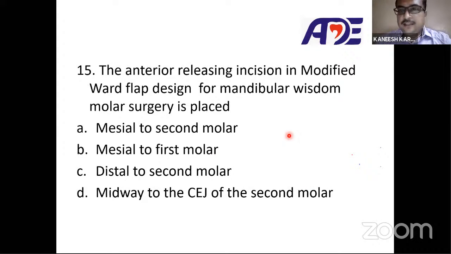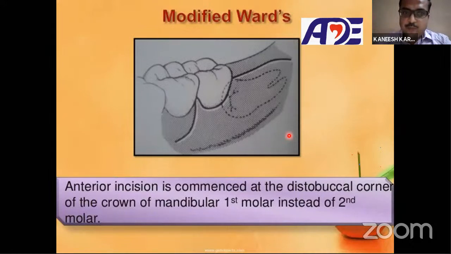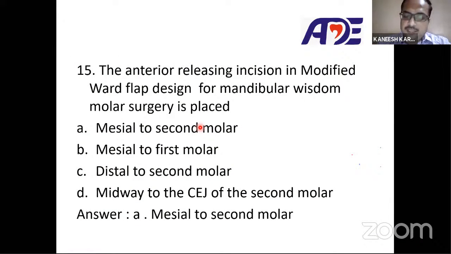The anterior releasing incision in modified Ward's flap design for the mandibular wisdom molar is placed mesial to the second molar. Actually, it is placed on the distobuccal line angle of the first molar, but here the option is changed as mesial to the second molar.